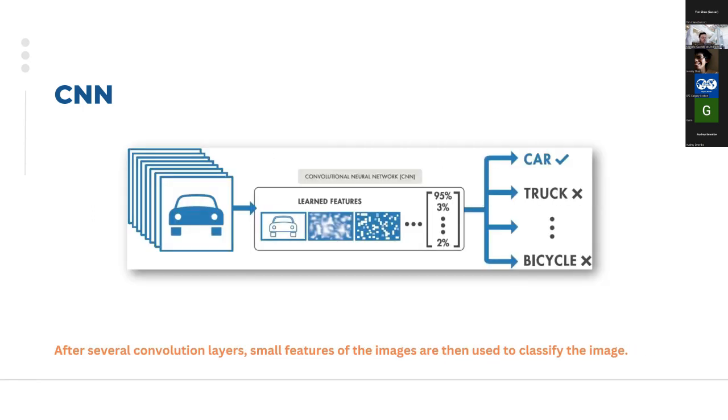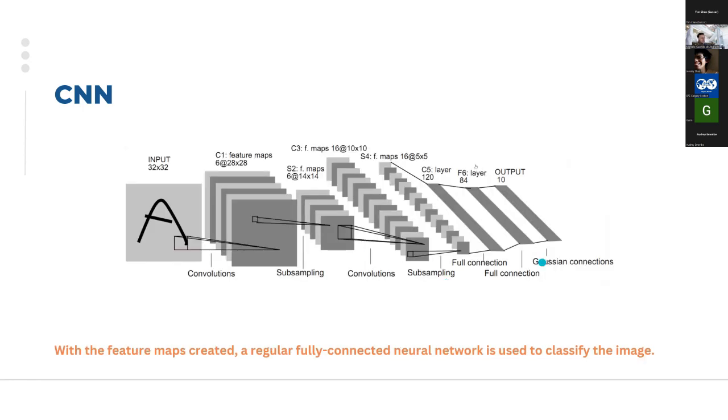No, I don't have an example here. So that would be just small parts and small representations of the figures. And after we have all these small representations, we're going to send them to a fully connected neural network, the regular neural network that we know. And then we're going to just make the predictions. We're going to send them to the output layer.